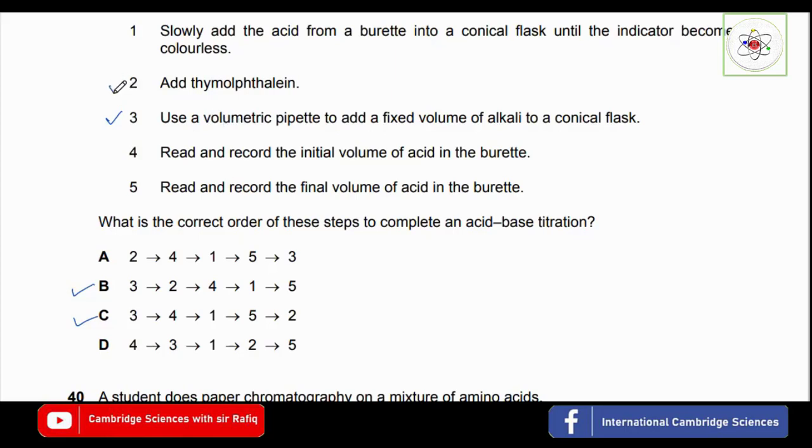After taking the fixed volume of alkali in a conical flask, you add an indicator to the substance in the flask. So after 3 it should be 2, so your answer is B, because 2 comes after 3. No need to go ahead, we got our answer. It does not start from 2 and it does not start from 4.